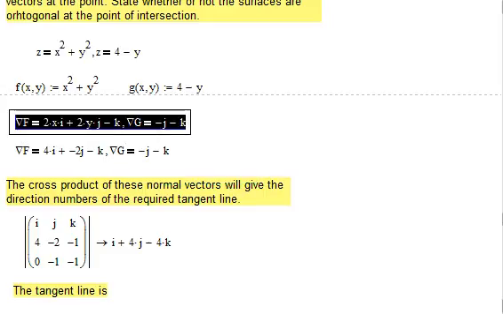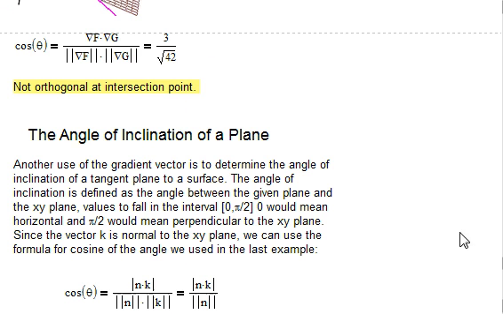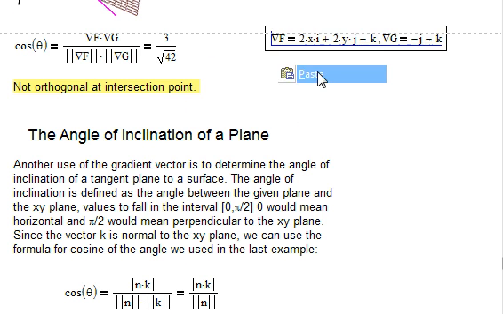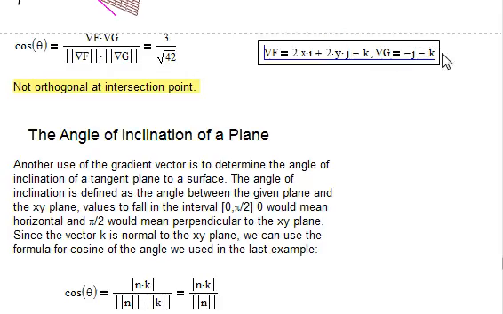Maybe I'll copy those, bring them down where we're finding that. The length of del f at the point where x is 2, y is -1, and z was 5. So if x is 2, that means 4i. Y is -1, so minus 2j minus k.